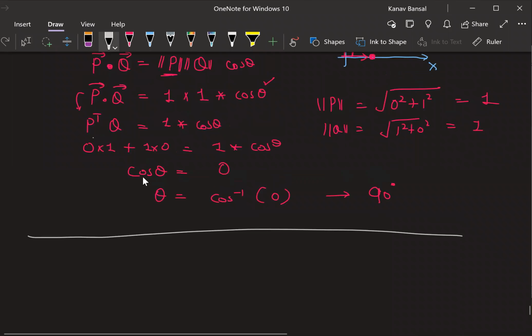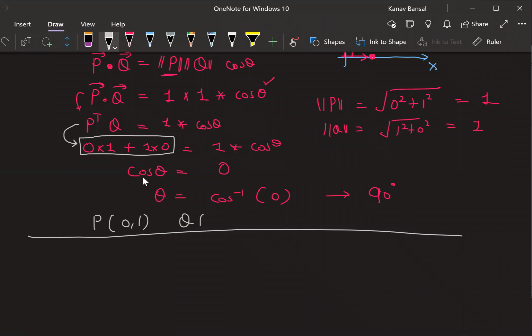Somebody is asking why this step is equal to 0 into 1 and 1 into 0. See, what is P transpose? We already know P is 0 comma 1, and Q is 1 comma 0. So P can be represented as 0 1, Q can be represented as 1 0. How do I do a dot product between these two vectors? Let's use this formula we have already seen.